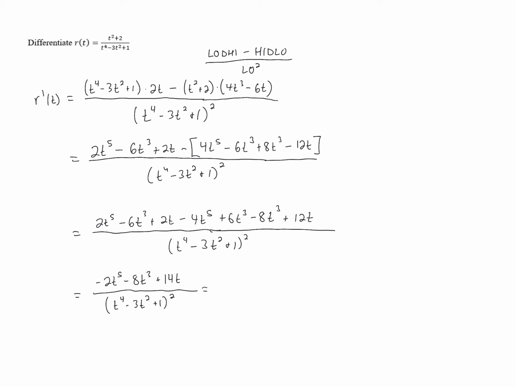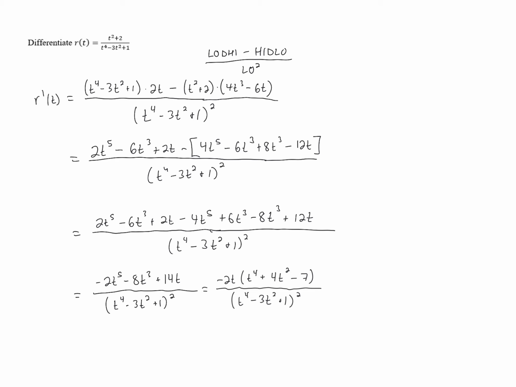Now, in the numerator, we can factor out 2t. I'm actually going to factor out negative 2t just to give us a leading coefficient up there that's positive. So when we factor out a negative 2t, that's going to give us t to the fourth, and then plus 4t squared minus 7, all over t to the fourth minus 3t squared plus 1, all squared.